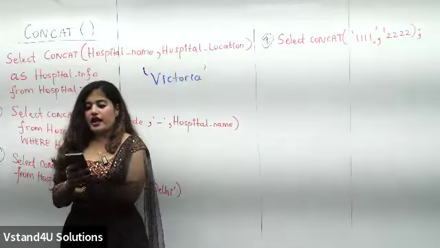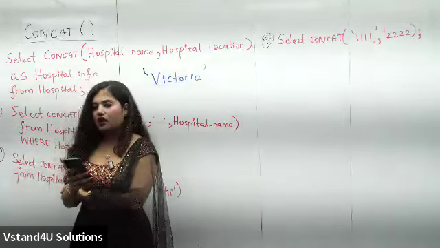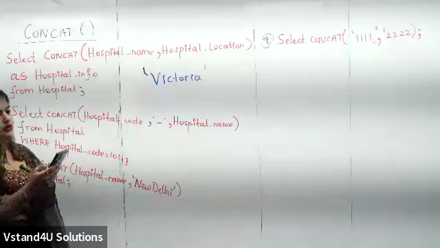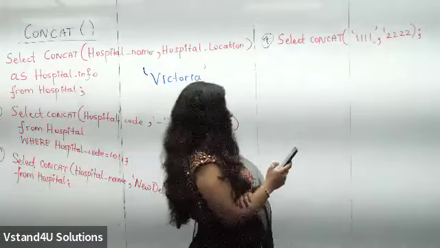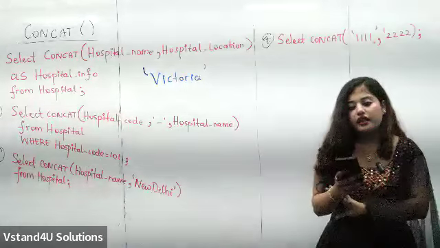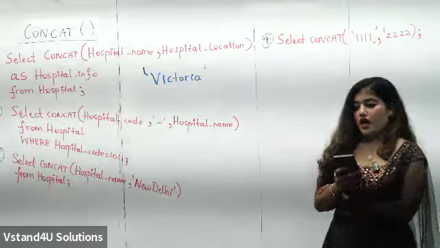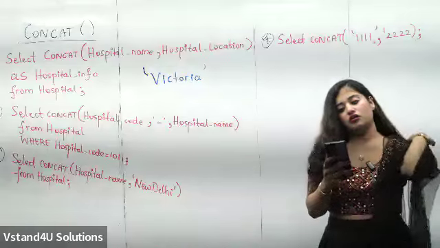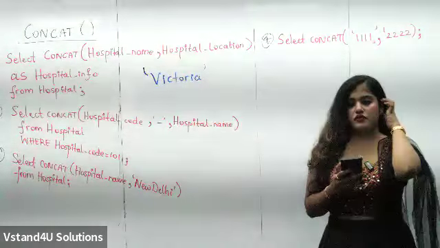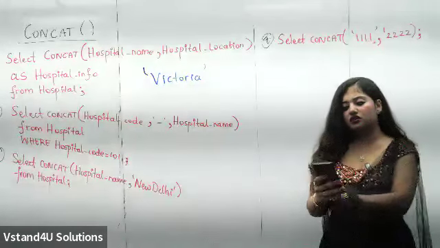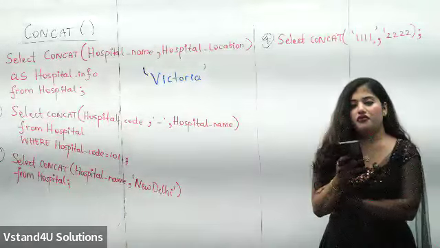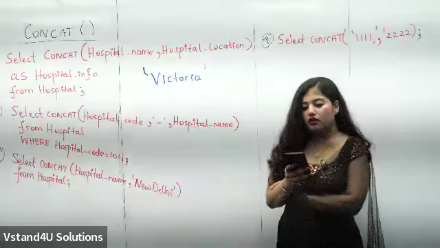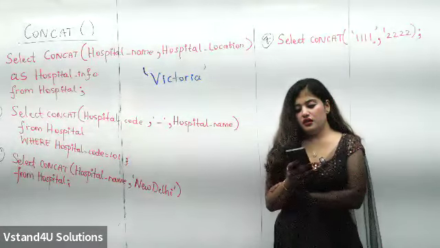Take down the next query. Write a query to display passengers' names and the length of the passenger's name for all the passengers from passenger details table.